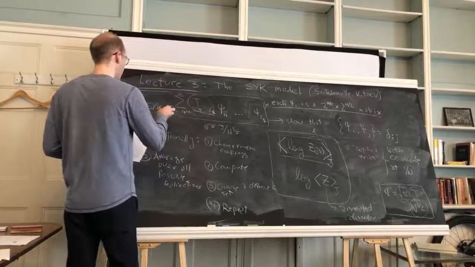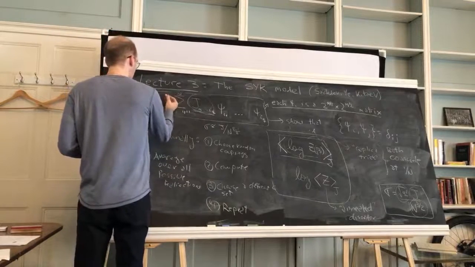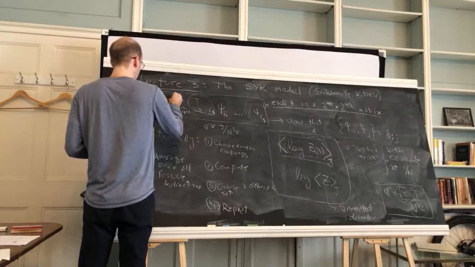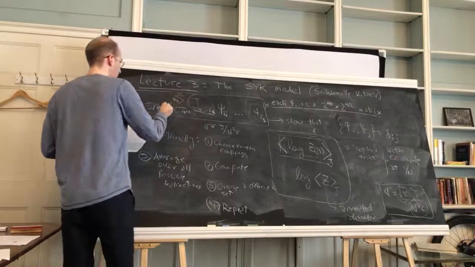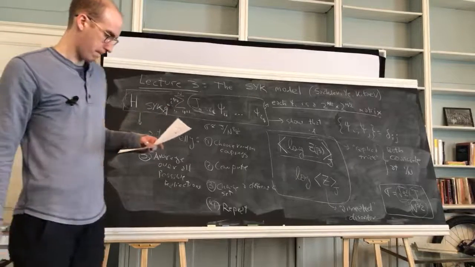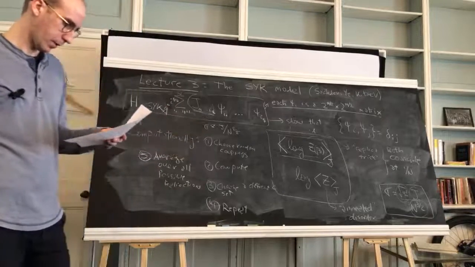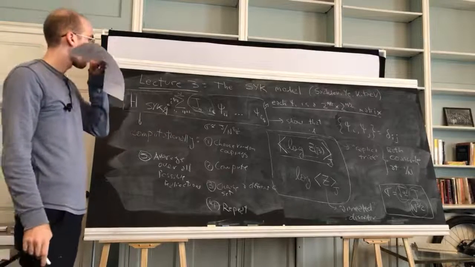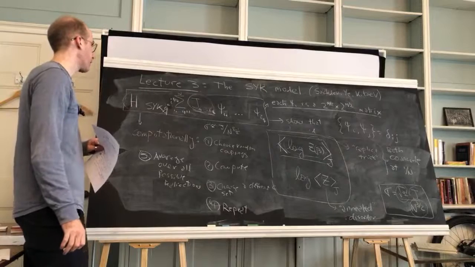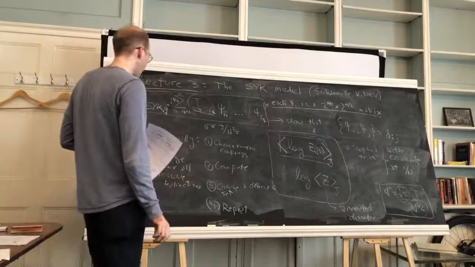Okay, and there's some extra thing that I need to do: if I want to keep the Hamiltonian Hermitian, I need to put i to the q over 2 over here.